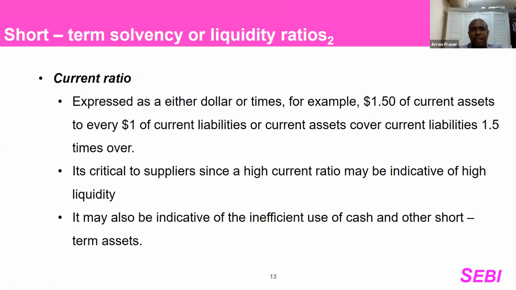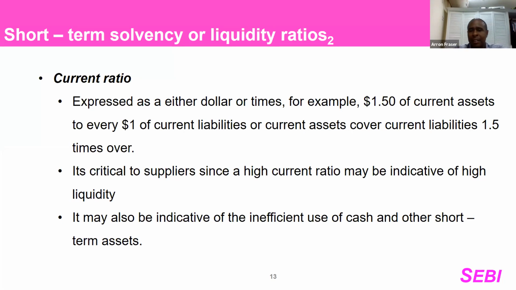So there are two ways to express the current ratio. We express it either as a dollar amount or as times. Once you have executed the calculation of current assets to current liabilities, you will have something like: for every $1.50 of current assets, you have $1 of liability. Take, for example, $1,500 in current assets and $1,000 in current liabilities.